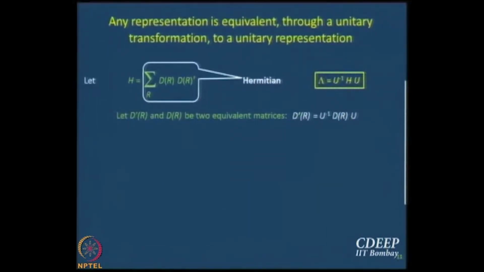That is right, but what we are saying is that we start with dr, perform a similarity transformation and get d prime r. And if you notice, we are performing the similarity transformation with a particular unitary matrix. Which matrix is that? It is the matrix of eigenvectors, not eigenvalues, sorry. It is the matrix of eigenvectors of the H matrix.